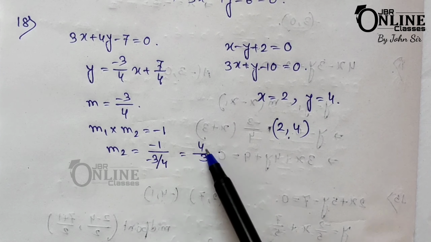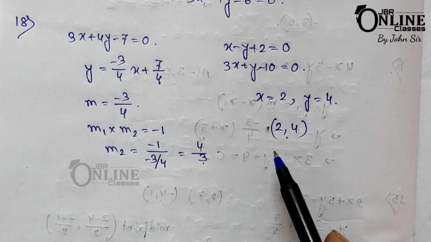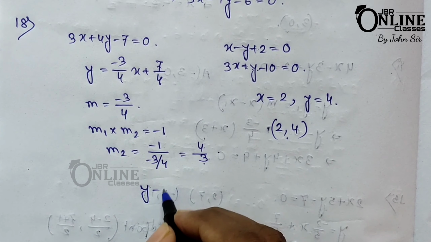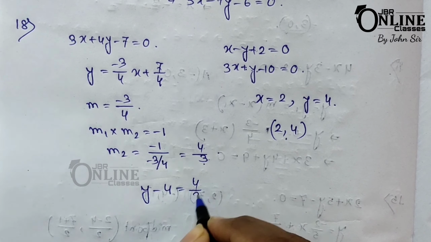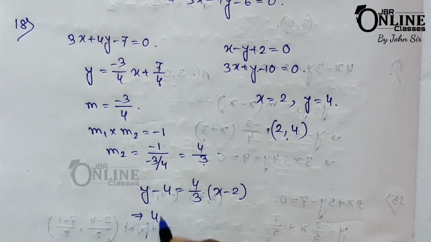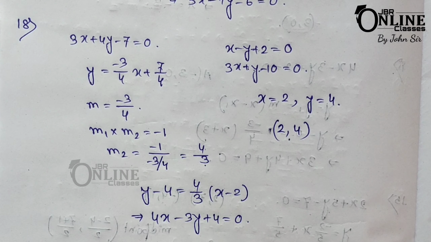As slope equals 4/3 and the point is (2, 4), again the same formula, it's a very easy problem. So y minus 4 equals 4/3 (x minus 2). From that, 4x minus 3y plus 4 equals 0. That is the equation.